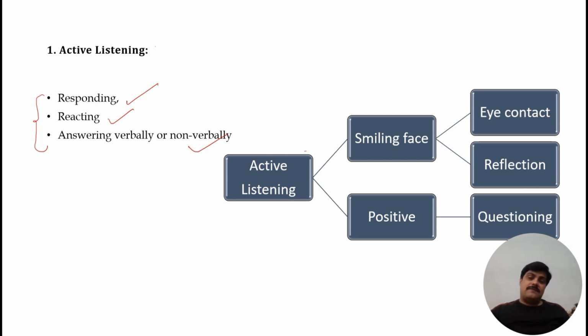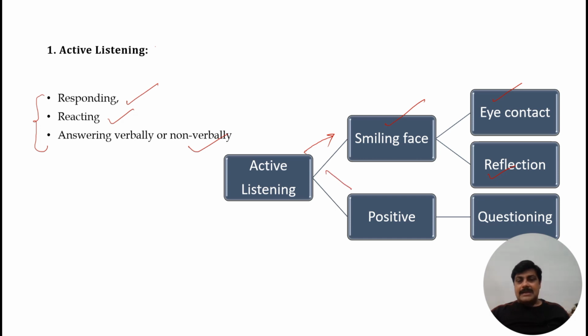Therefore, active listening can be identified by some non-verbal cues like a smiling face. When someone is listening, he would have a smiling face. He will make proper eye contact and he will reflect that yes, he is listening too.